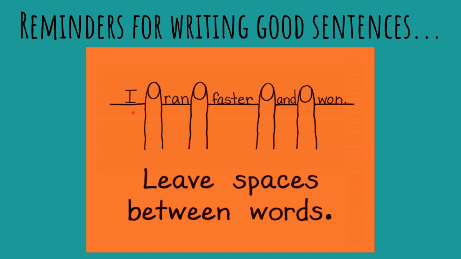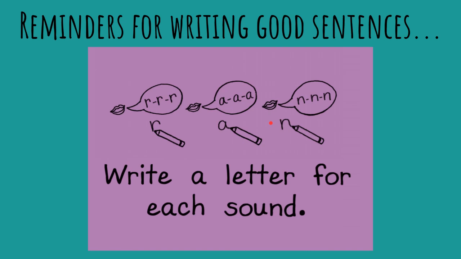I ran faster in one. I ran faster in one. That doesn't sound like a sentence, does it? It sounds like I'm mumbling something weird. But when we have spaces between our words, we can read it like this. I ran faster and won. So it makes our writing make more sense to the reader.